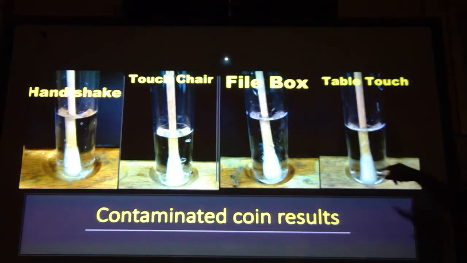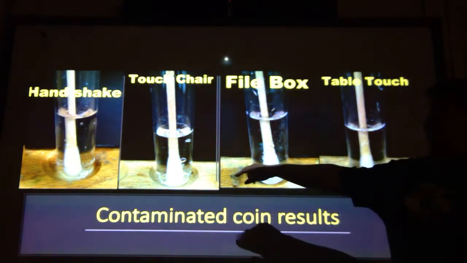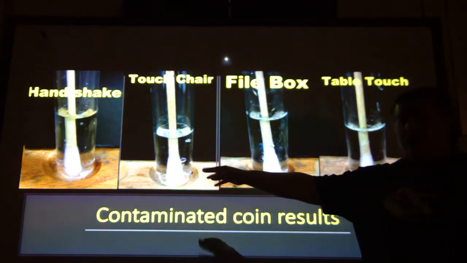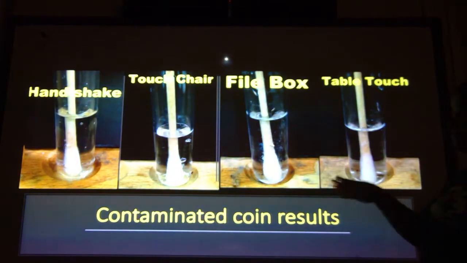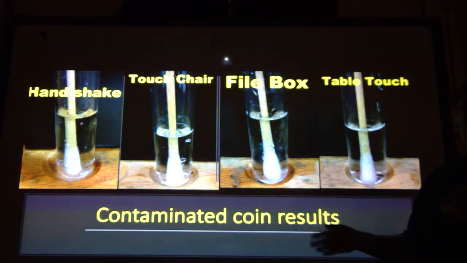And then the fourth thing touched was the tabletop. By the time that we got to the fourth touch, there are bubbles, don't get me wrong, but there aren't as many bubbles here as there are in the other three. In handshake and touch, there are bigger bubbles than there are in the third and the fourth touch as well.